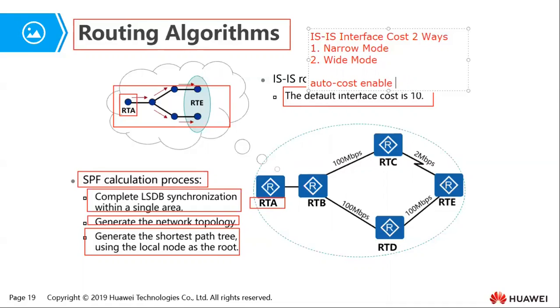If you use this command on an interface, the interface cost will be calculated based on the interface bandwidth instead of using the default cost. So if you want cost in IS-IS to be calculated based on the bandwidth, you use the command auto-cost enable. Okay.